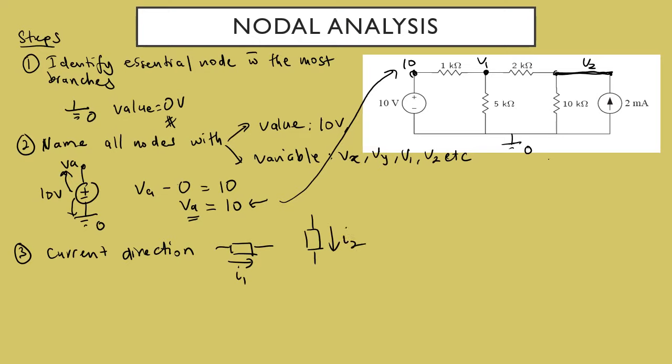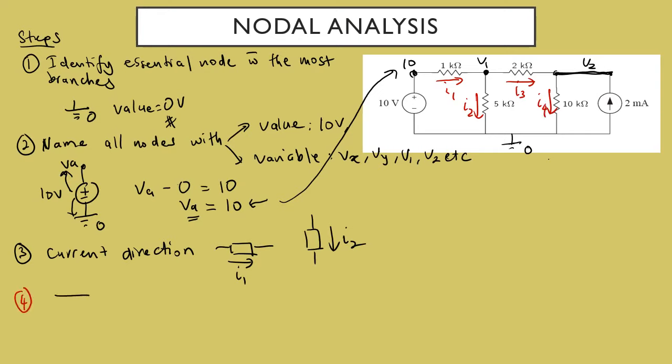You can name it. So in our case here, maybe we give a name. Just put any direction you like and be fixed with that. So this is I1, I2, I3, and I4. Depends on you.